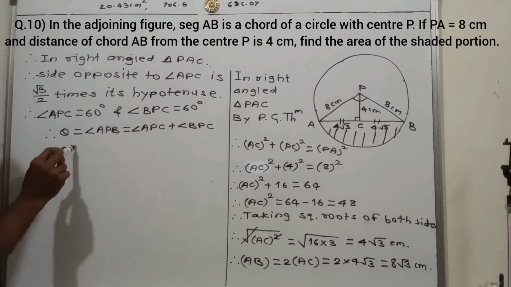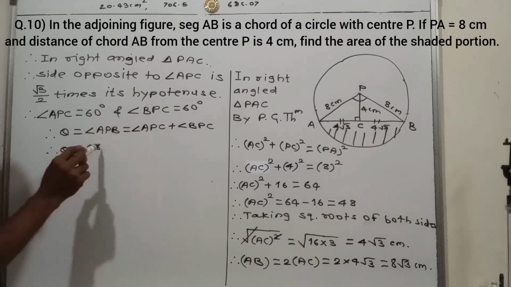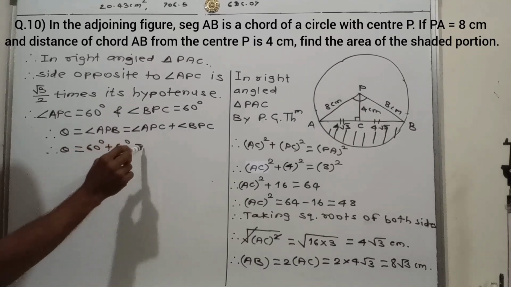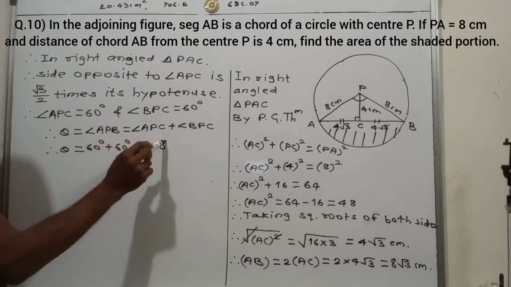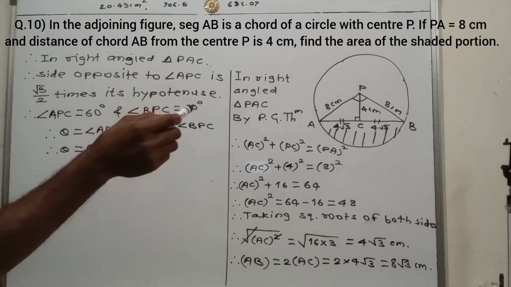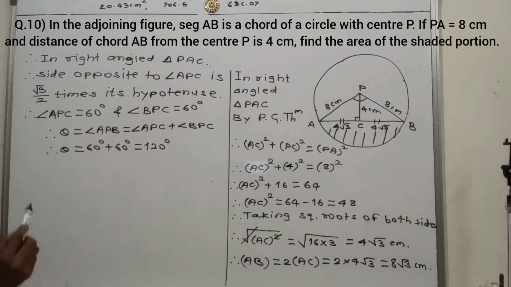Therefore theta is equal to, now don't write this, APC 60 degree plus 60 degree is equal to 120 degree. Did you get it? Now with the help of theta, then AB and everything from that figure, we find area of shaded portion.